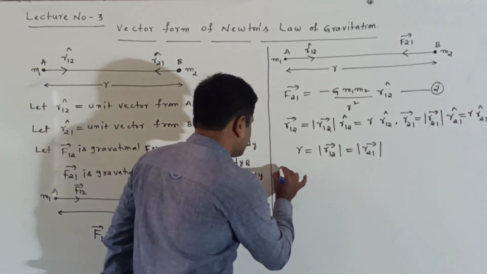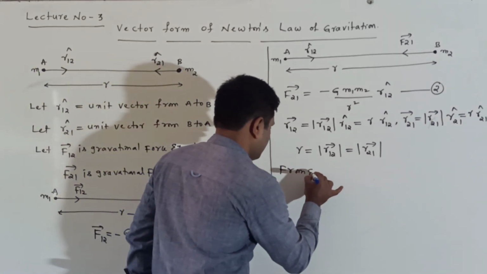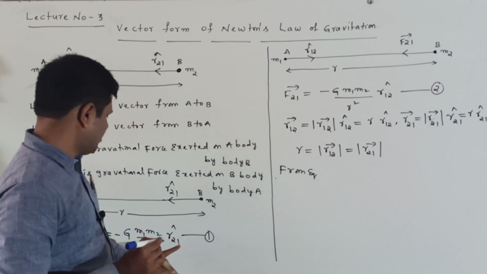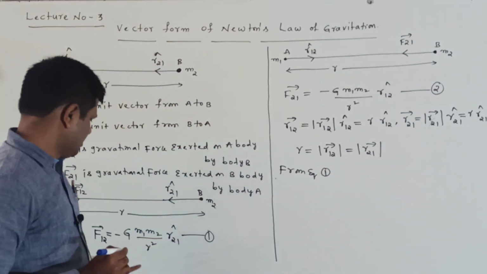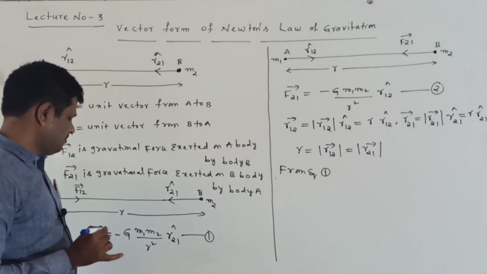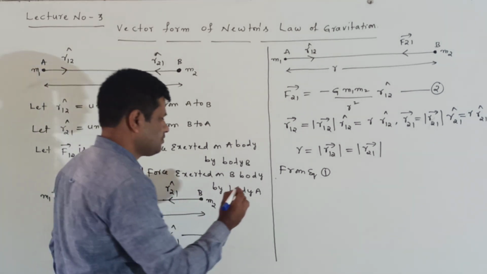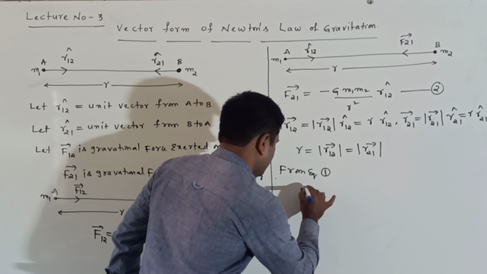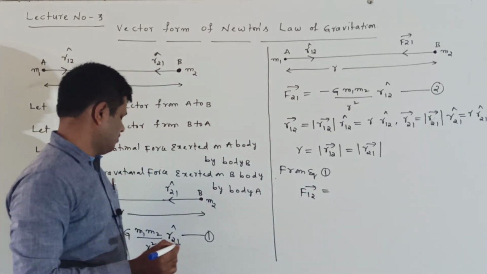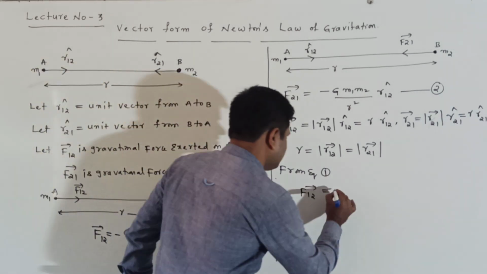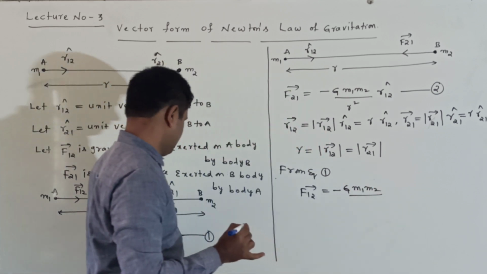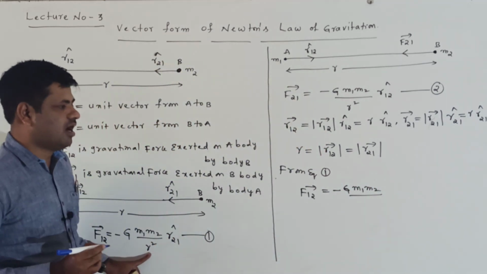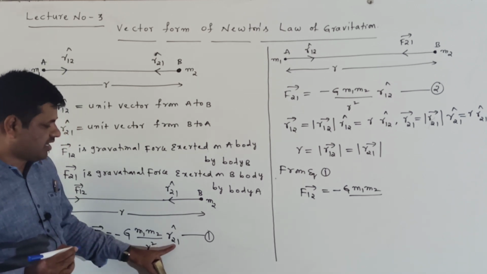Now I am changing equation 1. How am I changing it? See here. F12 bar is equal to minus G into M1 M2 by R, and R21 cap is there.